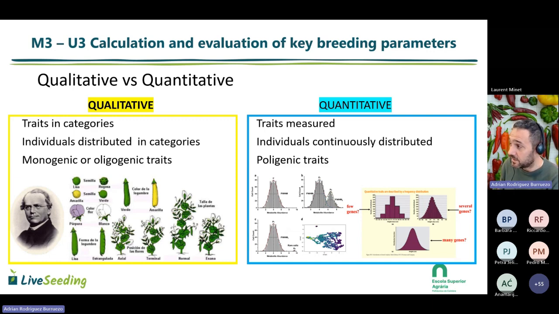In addition, these quantitative or polygenic or measured traits suffer more than qualitative traits the effects of the environment.